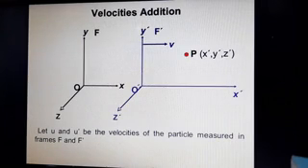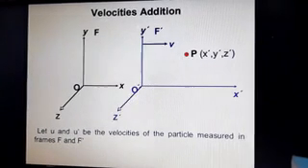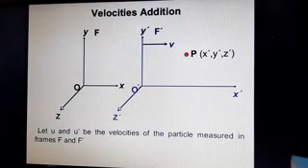Now, let there be two frames of reference F and F dash, where F is at rest and F dash is moving with uniform velocity v along the x-axis. Let a particle P be lying or moving in space.